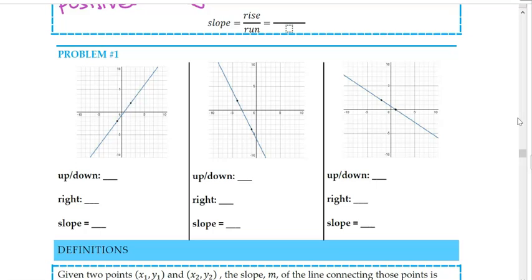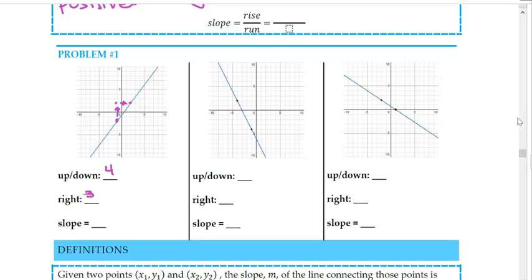If I look at this first one, I start at this point, and I just need to count how many places it's going to be to get up there, because that's where our other point is. So it's going to go up 1, 2, 3, 4. So my up or down is 4, and it's a positive 4 because this was going up. And this time we're going to go to the right 1, 2, 3 places. Since it's going to the right, it's also positive.